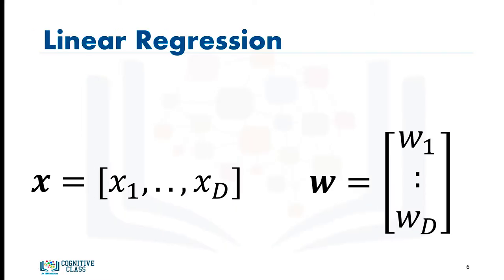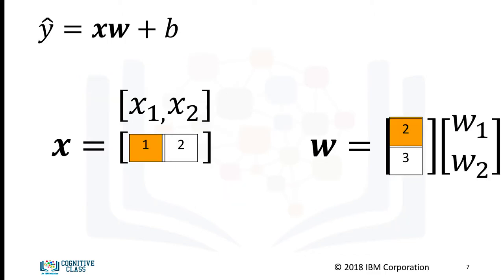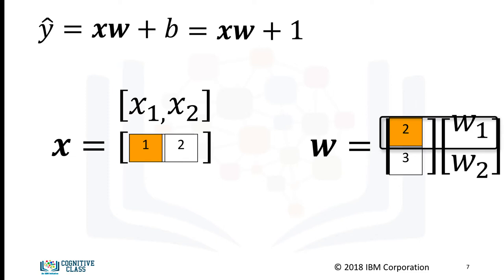It's helpful to use a vector or tensor representation to implement multiple linear regression. We have X, which is a 1x(d) matrix. We also have the feature tensor, and these produce a target or dependent variable y via the following equation. So let's do an actual example where the first element of our feature vector or tensor is 1, and the second element is 2, and then a parameter tensor or vector has the first element of 2 and the second element of 3.